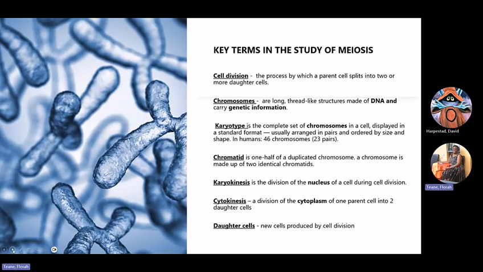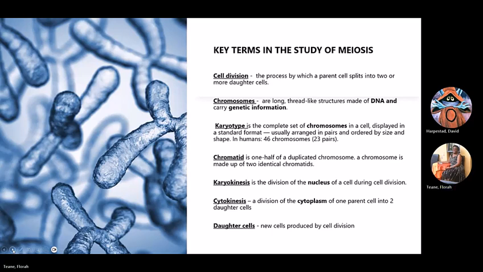And these are a few key terms that you need to know. Terms like cell division, which is the process by which a parent cell splits into two or more daughter cells. Chromosomes are long thread-like structures made of DNA and carry genetic information.